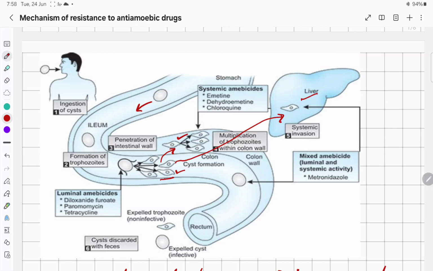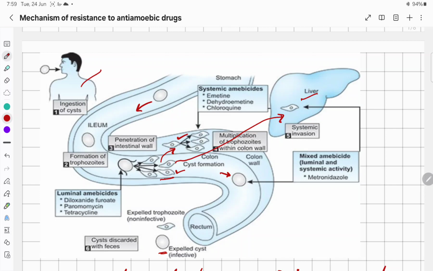Then these trophozoites burst to again release the cyst, and the cyst is expelled through the fecal matter. The cyst can survive outside the body for several weeks. So through contaminated food, by flies, it can again infect another person.